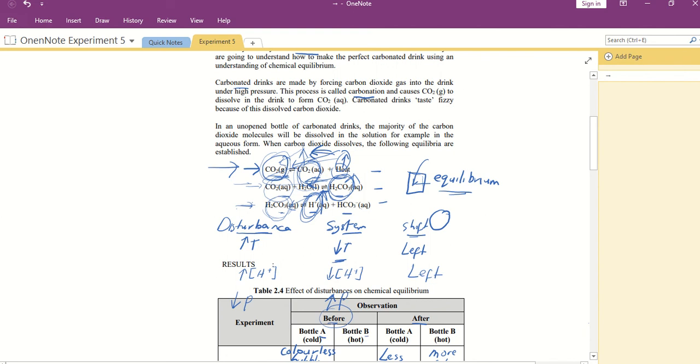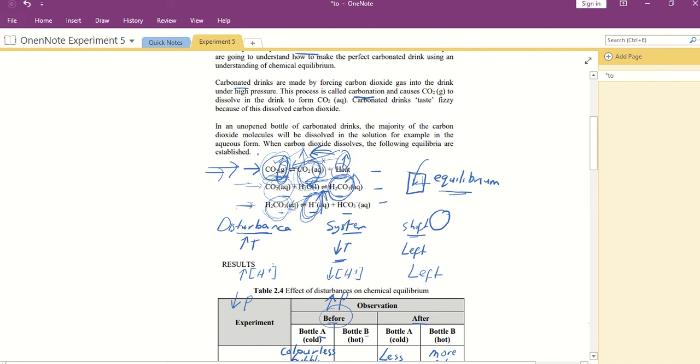So we have to refer to the first equation, which side has higher pressure. For pressure, we only look at the molecule that is in gaseous phase. Ini fasa gas. Ini fasa aqueous, kita abaikan because aqueous doesn't produce any pressure. Heat juga tak contribute to any pressure.